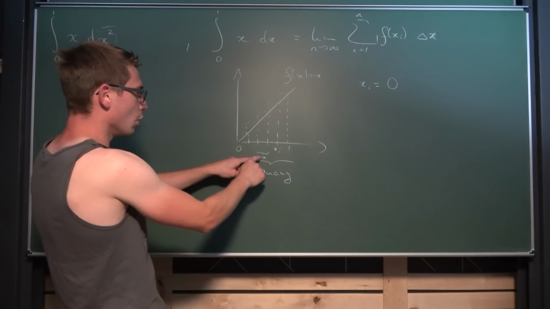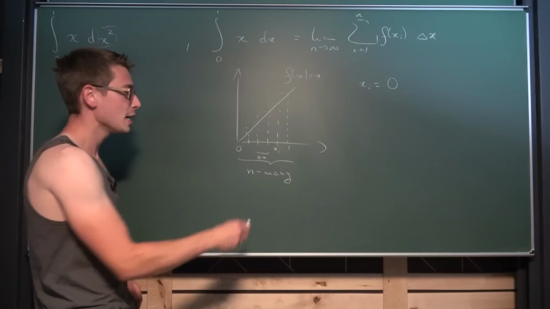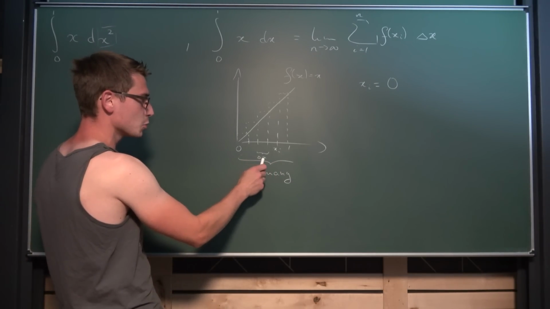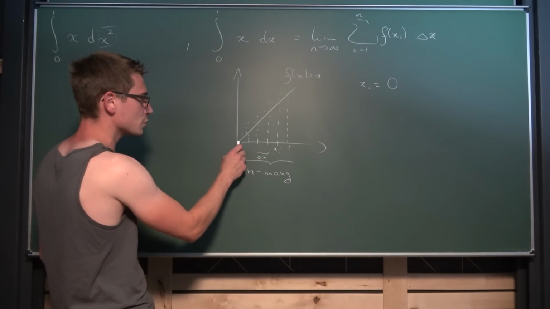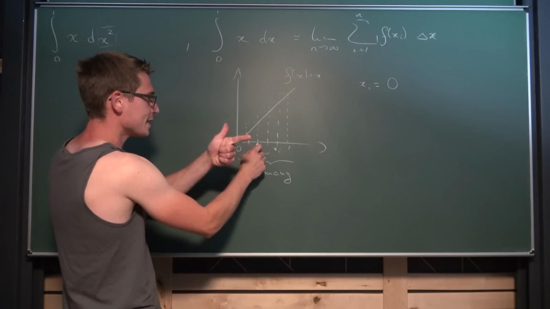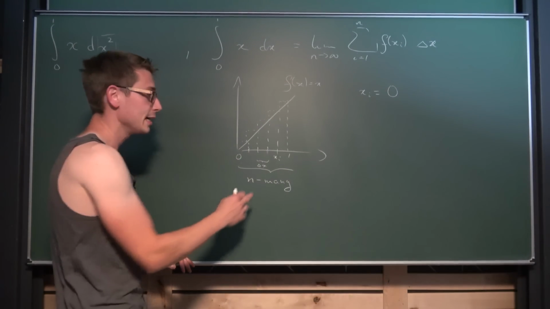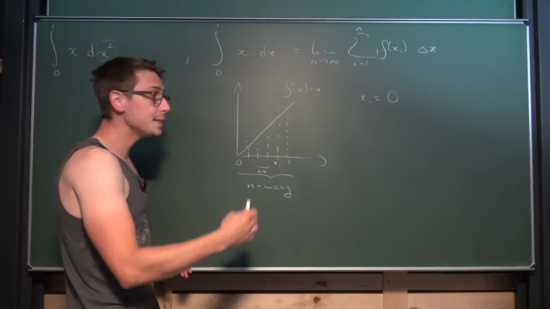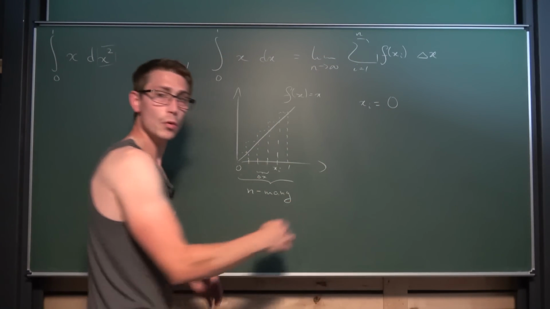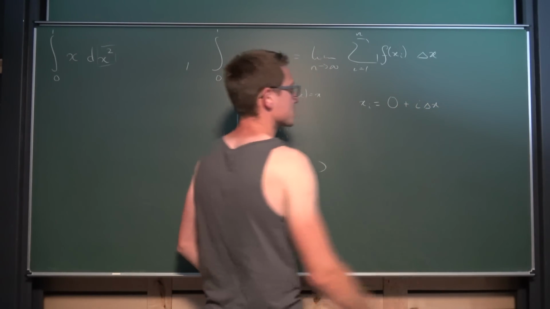Well, since all of those partitions are equidistant, so all are delta x apart, we can land at xi by just multiplying delta x by i, because if we take 4 times delta x, we are going to land at delta x, delta x, delta x, delta x. We are going to land at xi, and this right here would be x4, 1, 2, 3, 4, meaning our xi is 0, our lower bound, plus i times delta x.